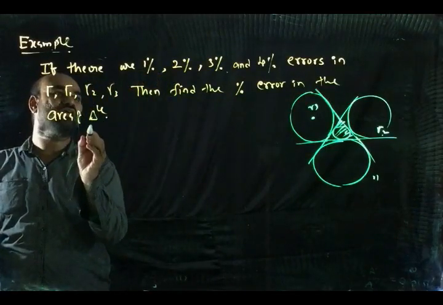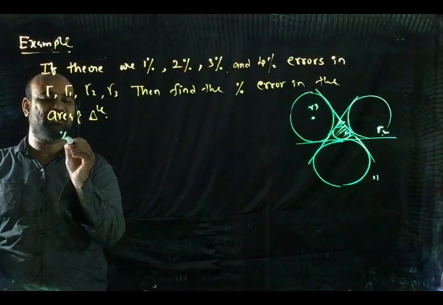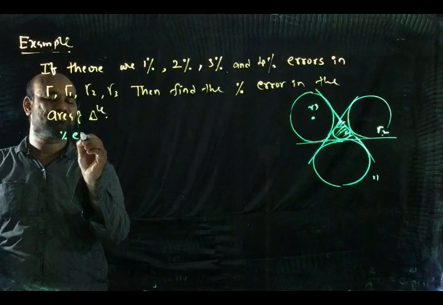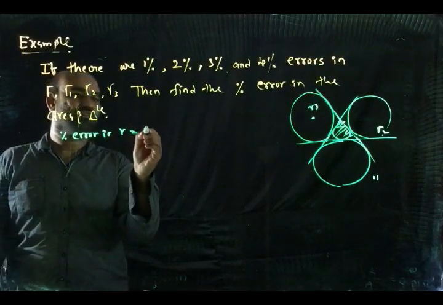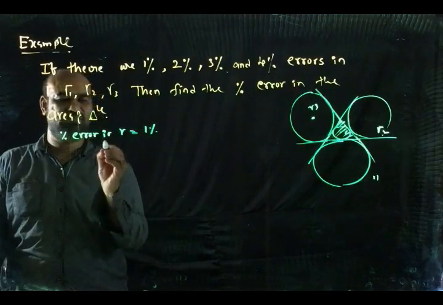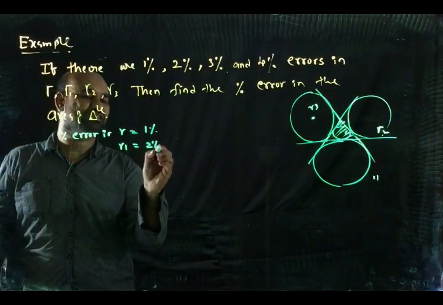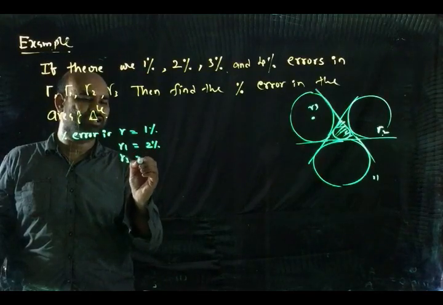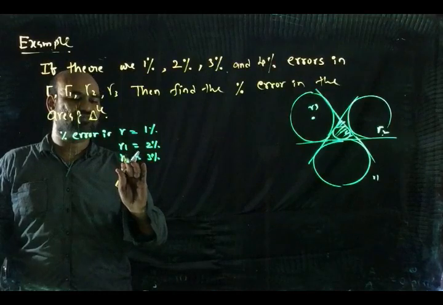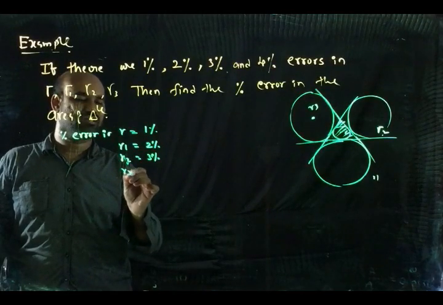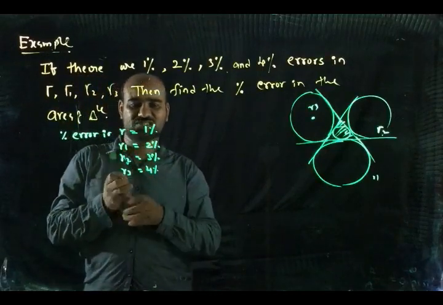Here the percentage error in r is 1%, in r1 is 2%, in r2, sorry, r2 is 3%, and in r3 it is 4%. What is the meaning of this?